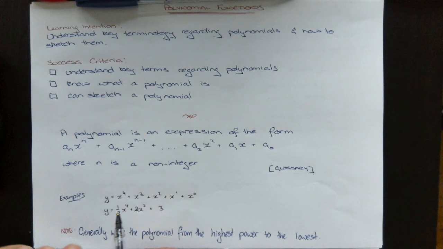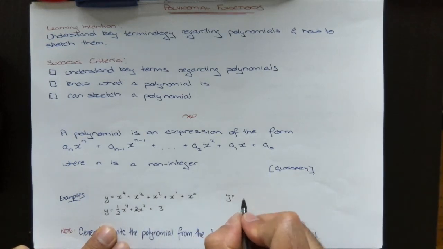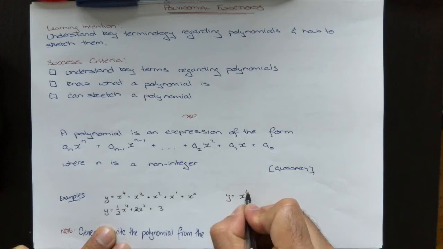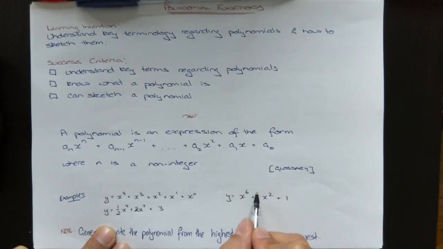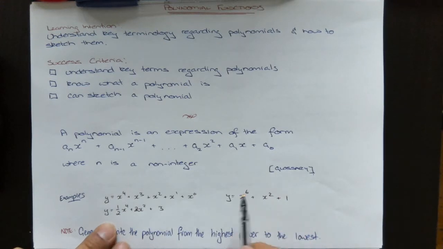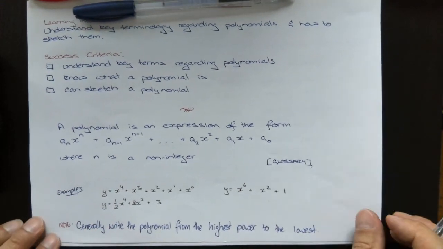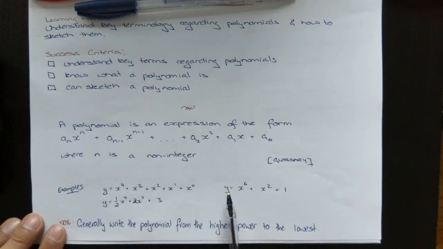You can also have polynomials that don't have any terms in between. So obviously this does have x to the power 5, x to the power 3. That's fine. And generally, we write the polynomial from the highest order to the smallest.